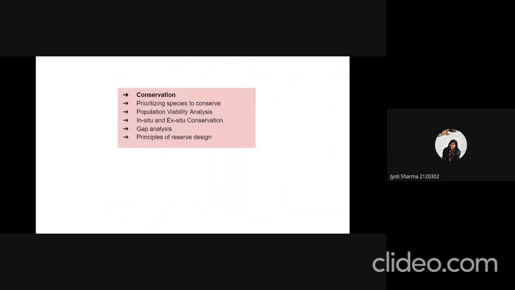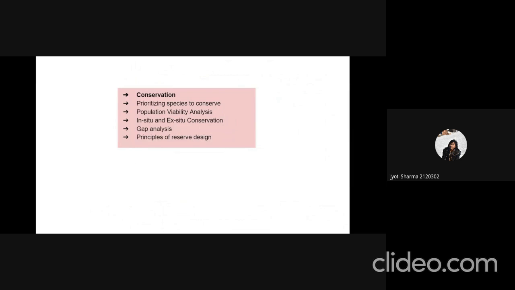Okay, so we talked about the different types of threats we have from humans and from nature. We want to conserve our species, so how can we conserve them? Because we have very limited resources, as in the first slide we saw that 940 species have gone extinct, some species are extinct in the wild, and some are critically endangered.